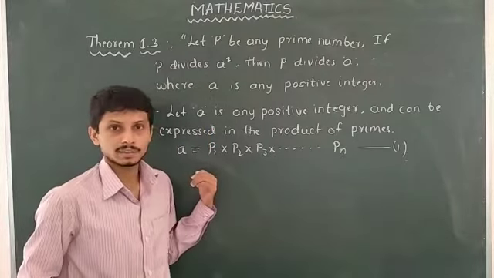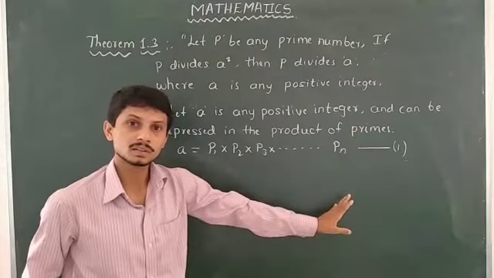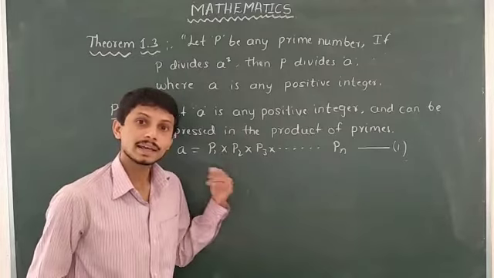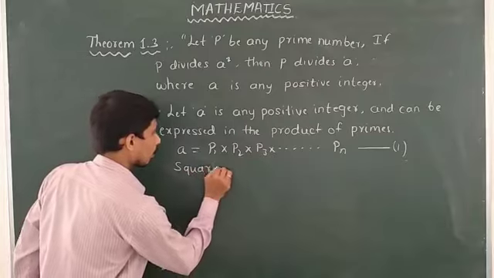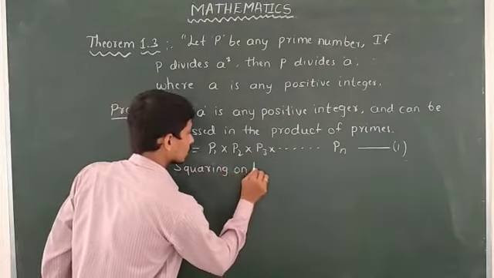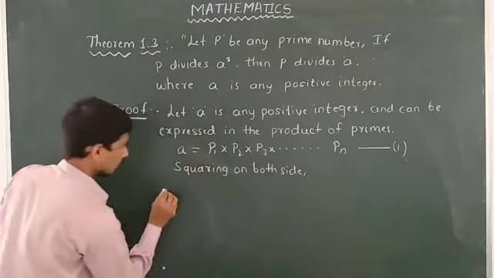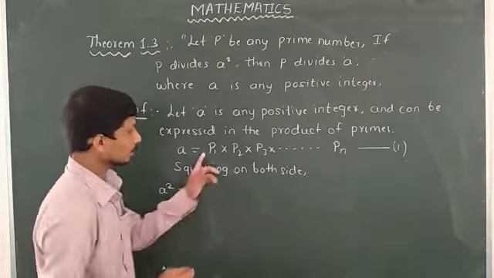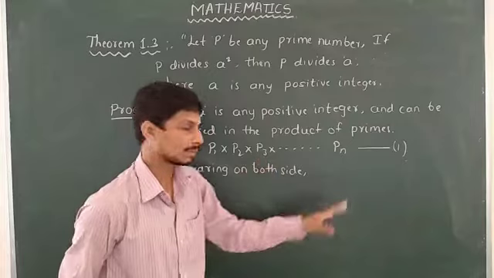P divides A. So let us come to the assumption from equation number 1. We have to square A, so squaring on both sides. When we square, A square is equal to, we have to multiply this term 2 times.